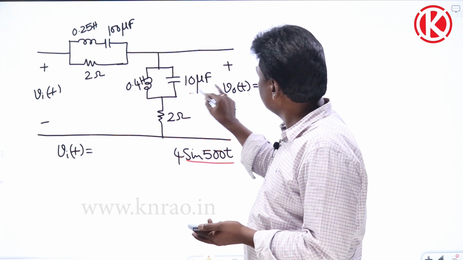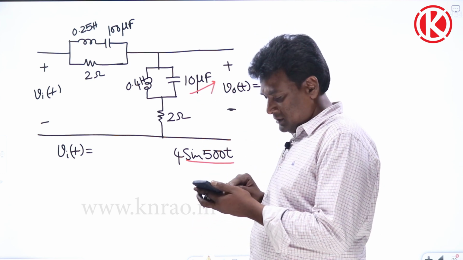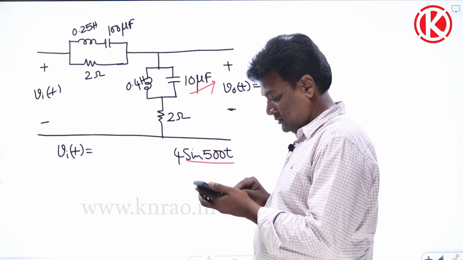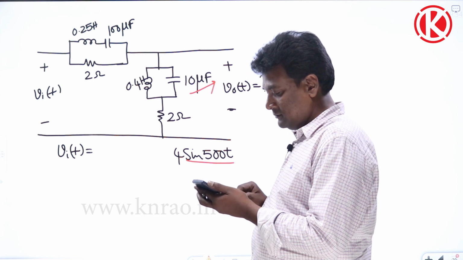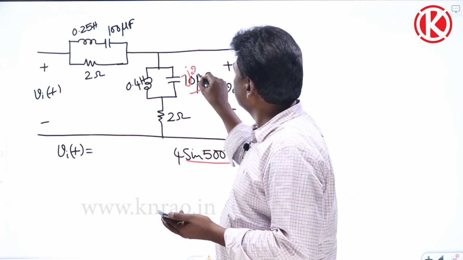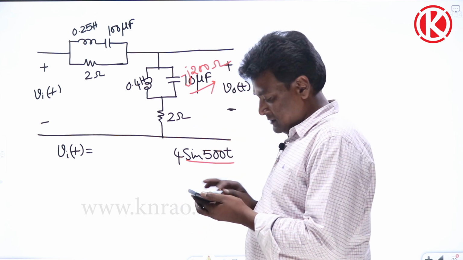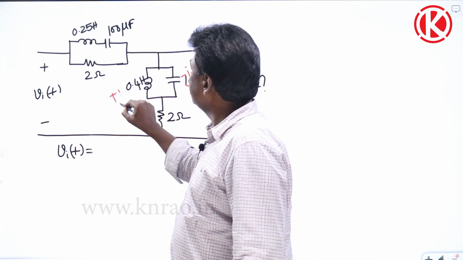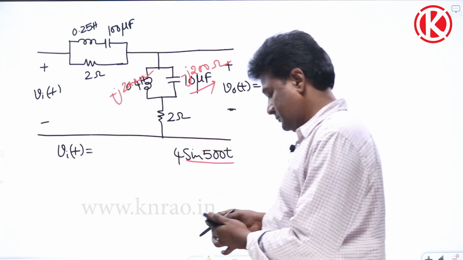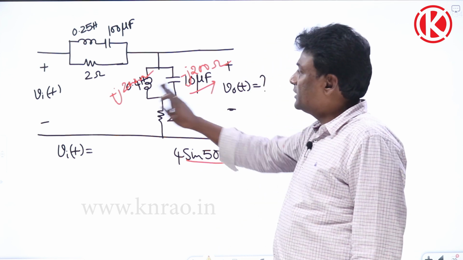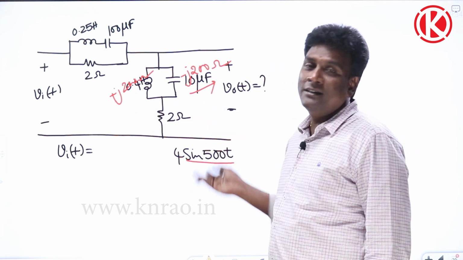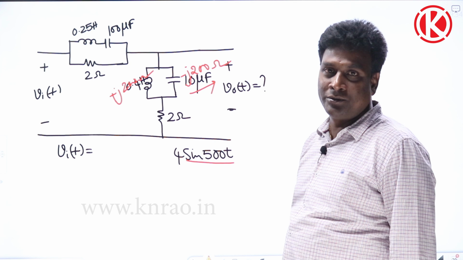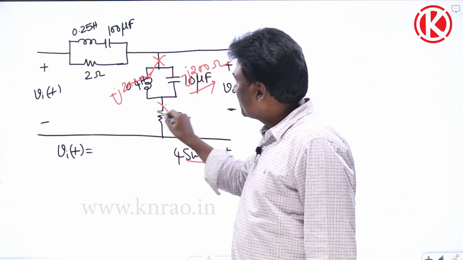For 10 micro, 10 micro into 500 gives minus j200 ohm, and 500 into 0.4 gives plus j200 ohms. So this is plus j200 and this is minus j200. If you calculate impedance, it is infinite, and if you calculate admittance, it is 0, meaning that it will behave like an open circuit.